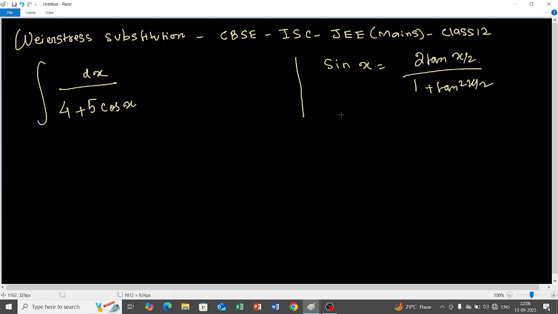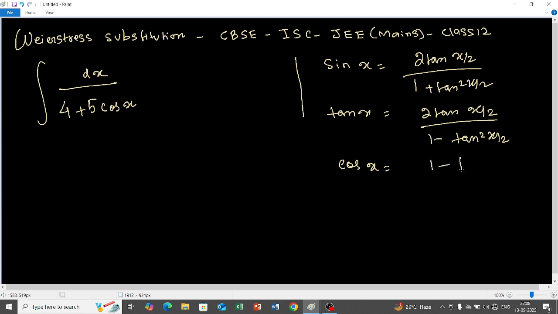Then we have tan x equals 2 tan x by 2 divided by 1 minus tan square x by 2. Then we have cos x equals 1 minus tan square x by 2 divided by 1 plus tan square x by 2. These are the three trigonometrical submultiple formulas that we have to remember for proceeding with Weierstrass substitution.